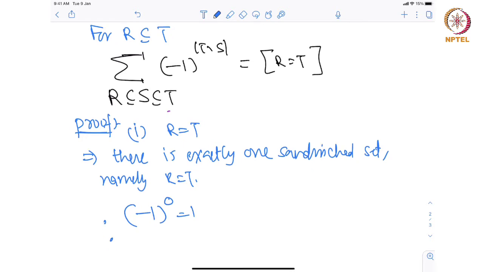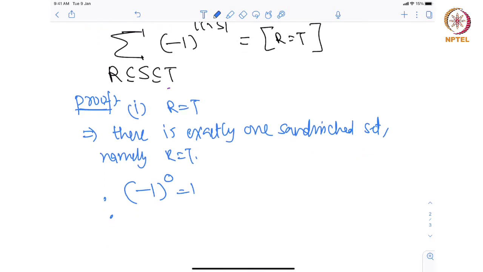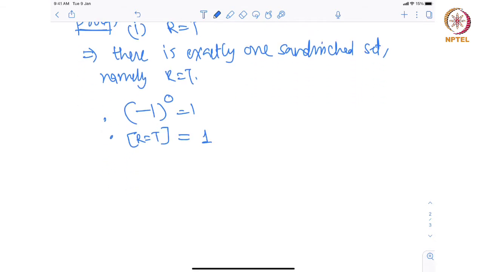And in the right hand side, you know that R is equal to T, so this notation also evaluates to 1. So this is fine. So now let us assume that R is a proper subset of T.